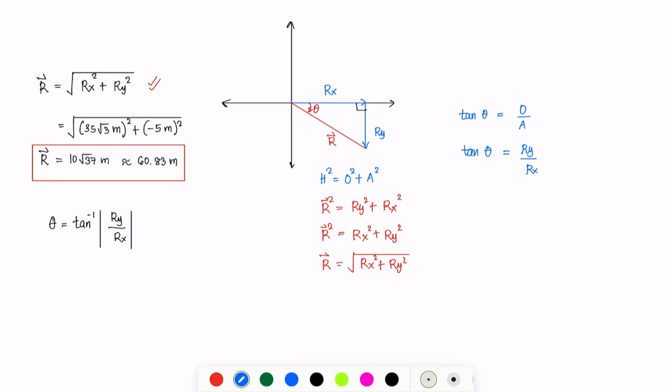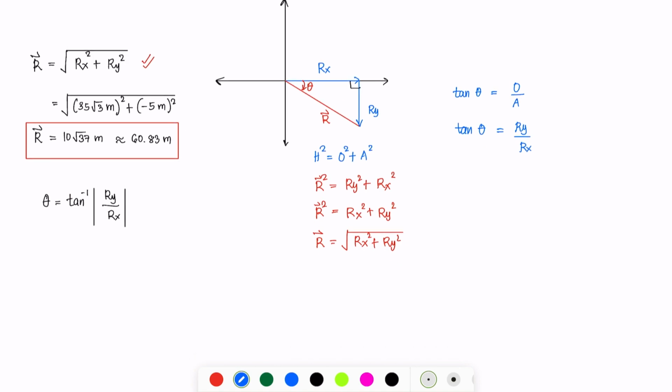So if I'm going to find the angle theta, I think I've mentioned this in class, what you're going to do is apply tangent inverse to both sides, so that on the left-hand side of the equation you end up with the angle theta itself, and on the right-hand side you get tan inverse of ry over rx.